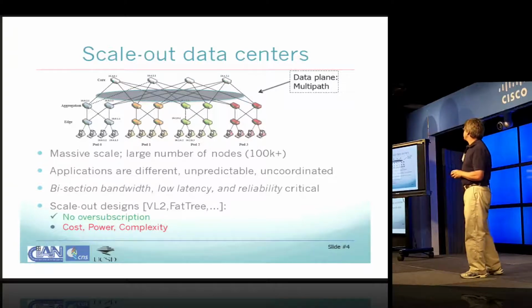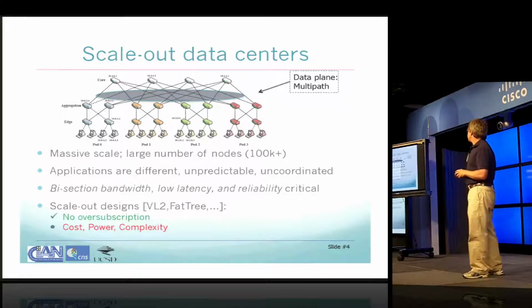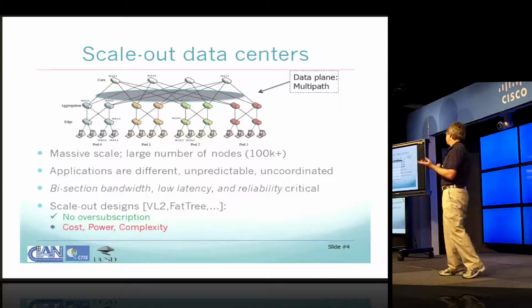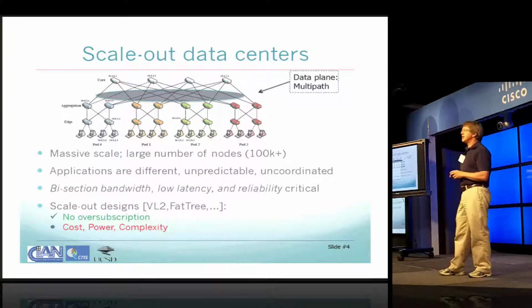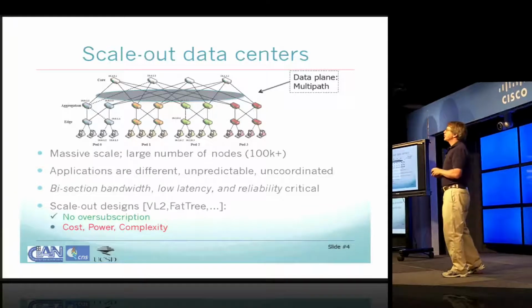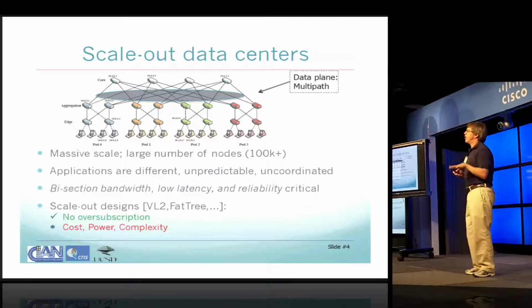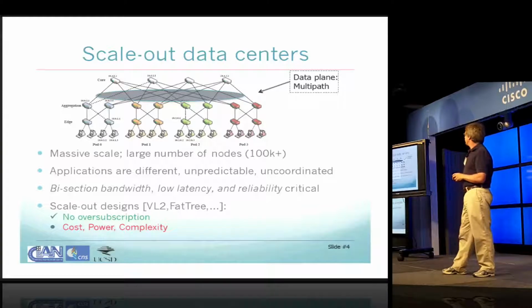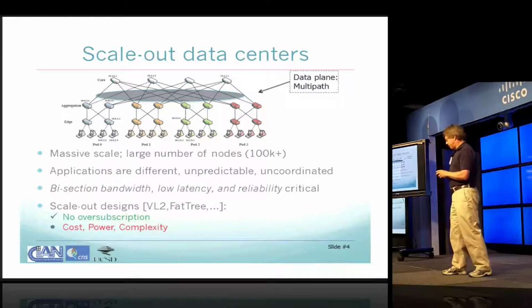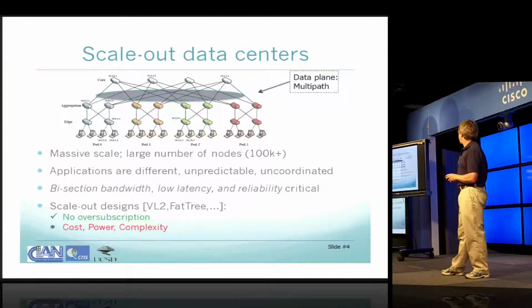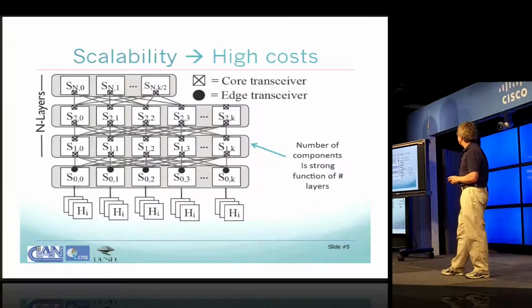The requirements of these are very large bisection bandwidth, low latency, and reliability. That reliability means that most of these data centers are multi-rooted, meaning that they have multiple connections from one level to the other for redundancy. And of course, like all networks and all technology, you're constrained by power, cost, and complexity.